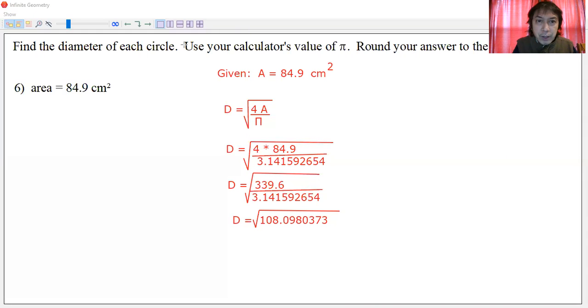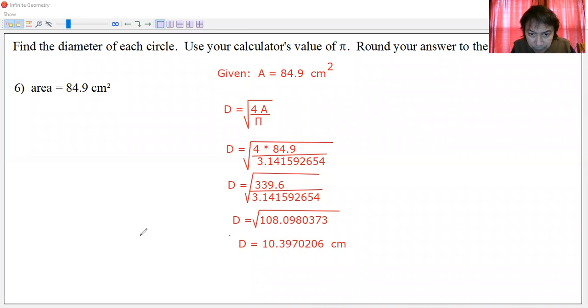So final step will be the square root of 108.0980373. So this will be 10.3970206. This will be in centimeters. This is a unit of length, not area, because we're asked to get the diameter.